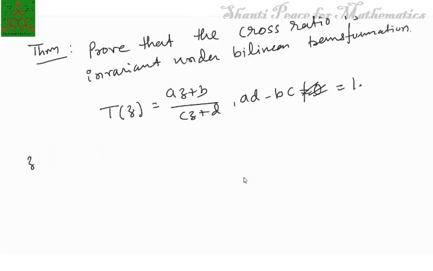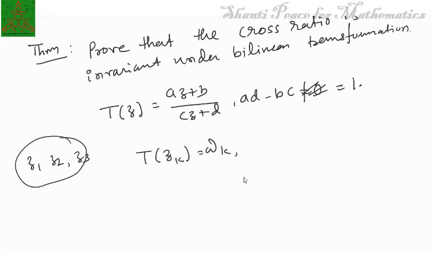Now z1, z2, z3 are any points in the z plane, and their images we consider as T of zk is equal to wk, where k runs from 1 to 3. What we need to prove is that the cross ratio is invariant under the bilinear transformation. You know that the cross ratio is defined as above.